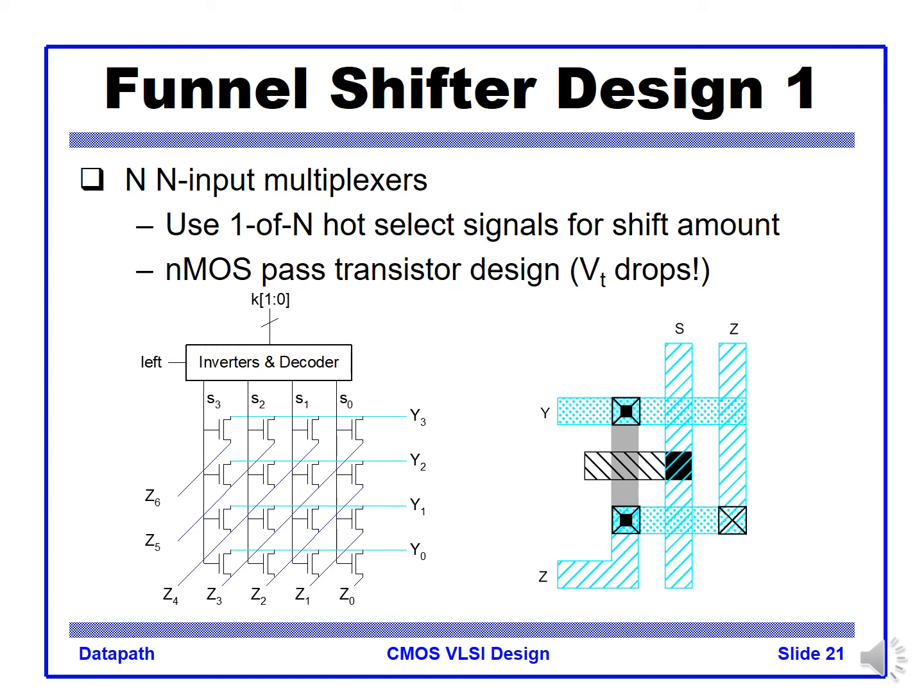This is an example of the funnel shifter actual implementation. You can make this using n times n-input multiplexers. For example, we have y0 that is selected out of how many? 1 2 3 4, a 4-to-1 mux there. The input is G0 to G3, right? For y1, the input is G1 to G4, and so on, right?